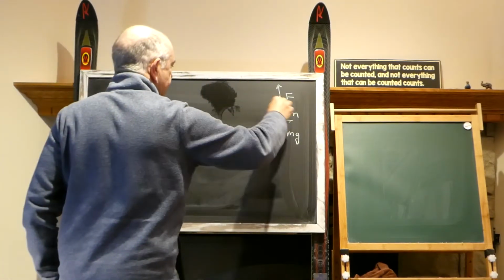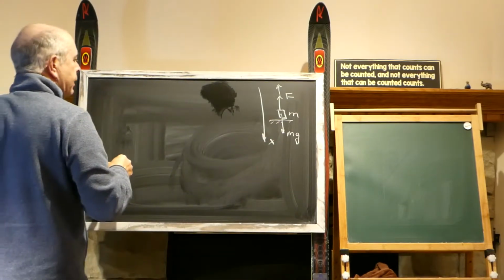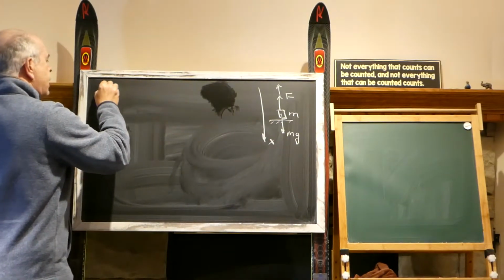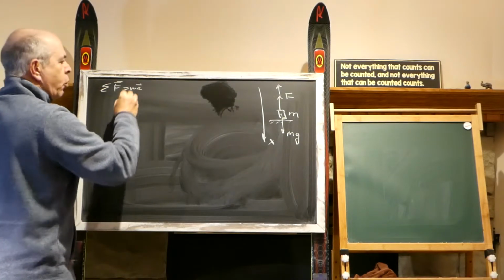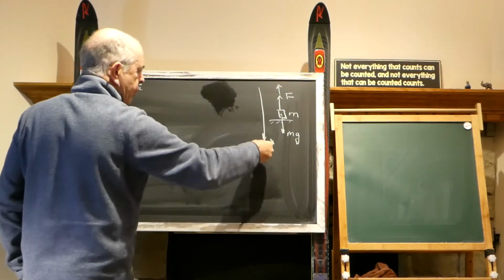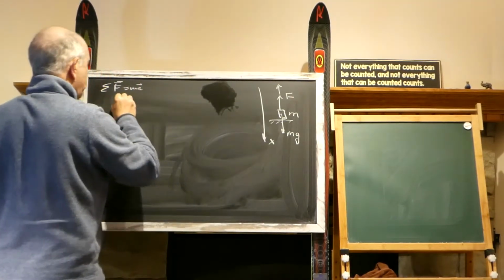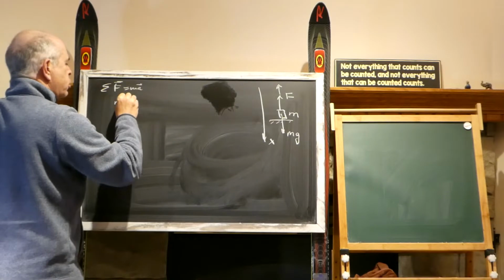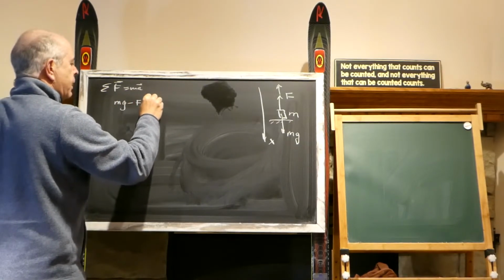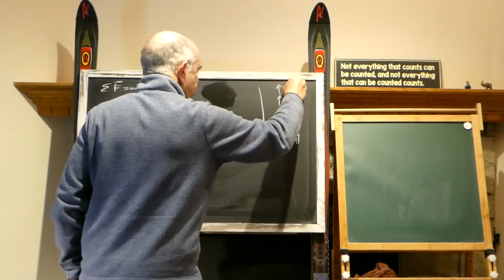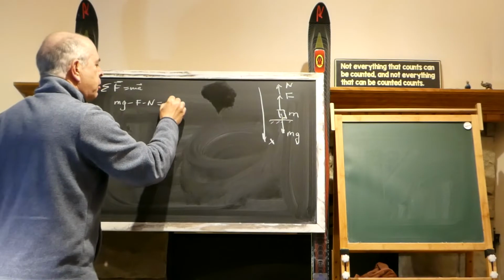But the formulas that we can write here, let's put the X down, and we will write the sum of all forces equals MA in the vector form. And if we project everything along one line, and everything goes down, we can see mg minus F and minus N, the normal reaction from the snow that we want to eliminate, equals MA.